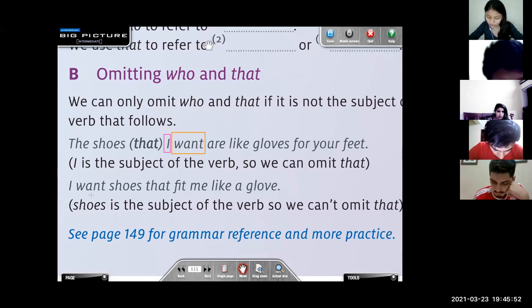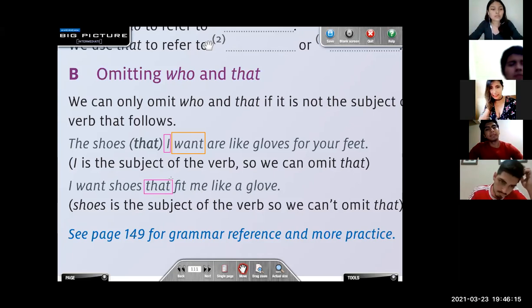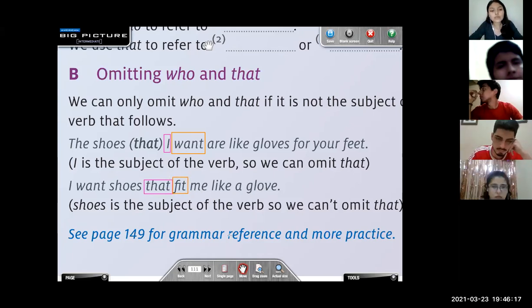Okay? Here we have another sentence. I want shoes that fit me like a glove. In this sentence, that is the subject. ¿Por qué? Porque está seguido de un verbo. ¿Ok?